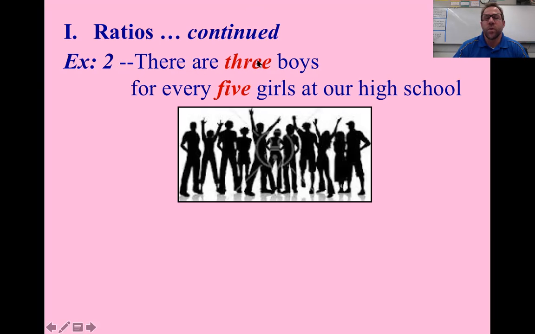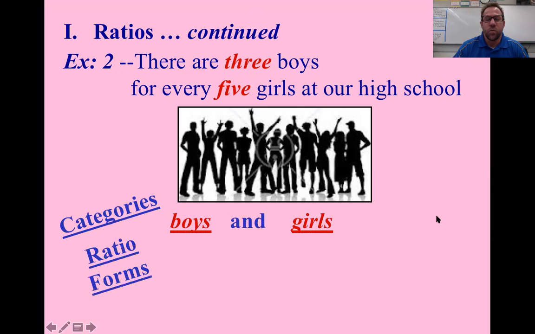Okay, so it's a 3-to-5 ratio. So we've got boys and girls, right? There's a few different ways we could write this. We could write it and read it as 3 to 5. You would say 3 to 5, boys to girls.